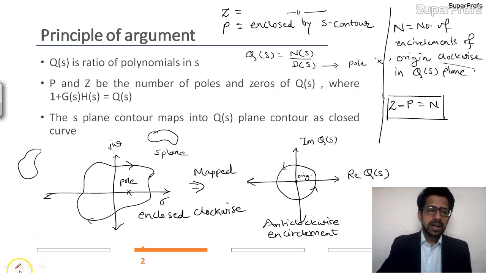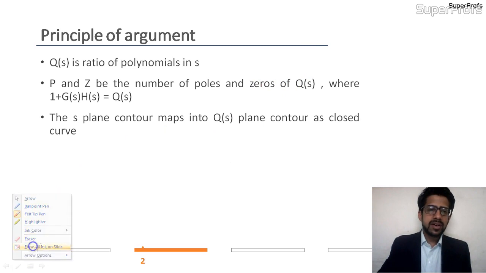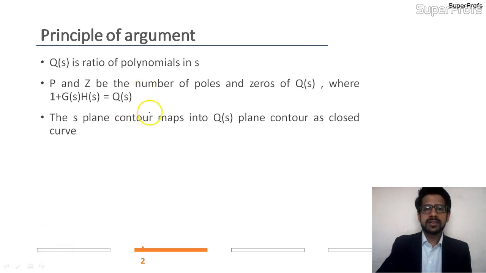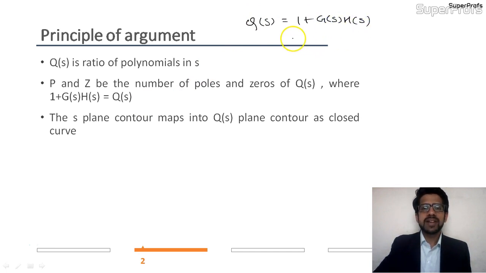Now, the important point to remember is that we can transfer this principle of argument to the stability analysis of closed loop systems. So if you have Q of S equal to 1 plus G of S H of S, we can write it like that.